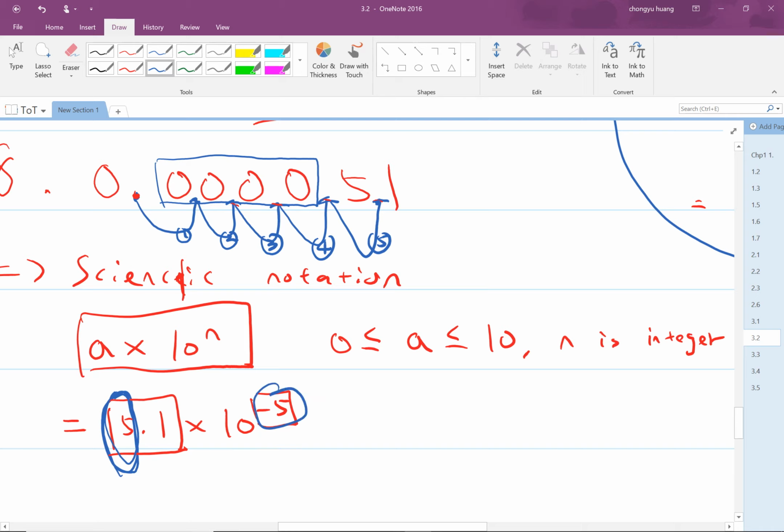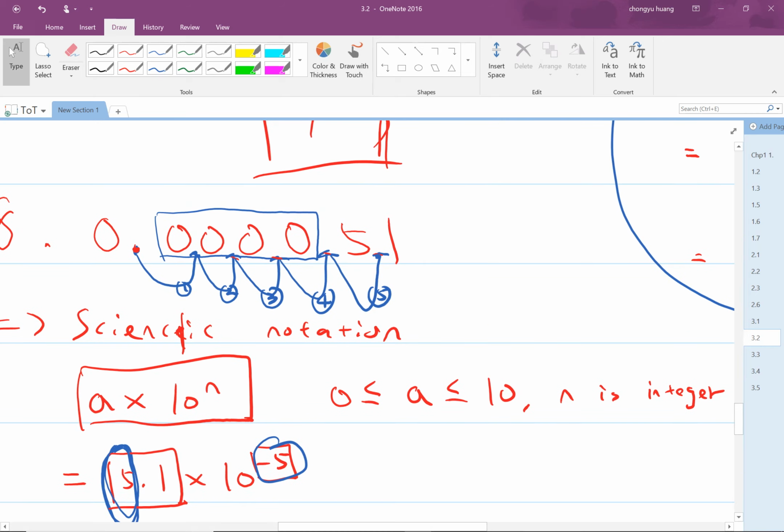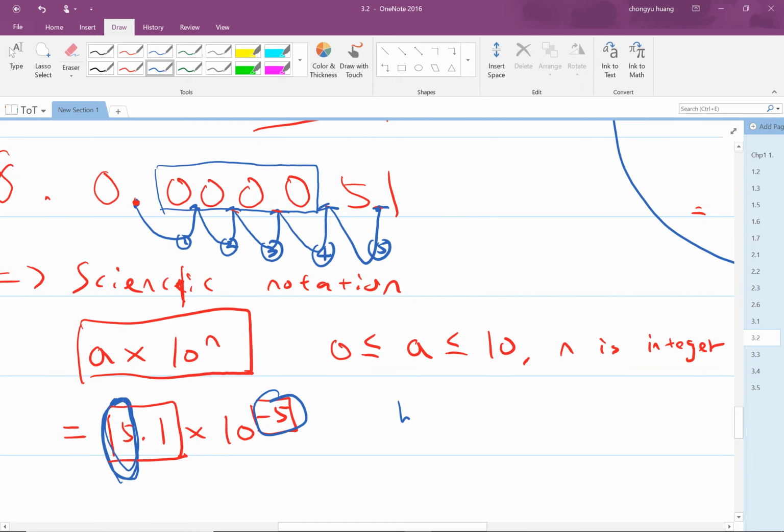Another way is just basically counting how many 0 there are, how many 0 before 5. So method 2. Maybe write it down.